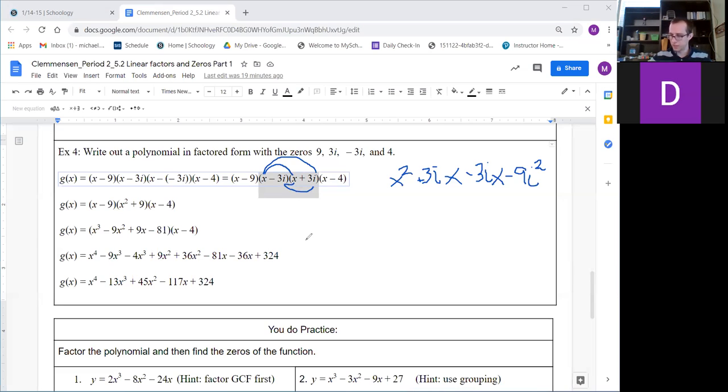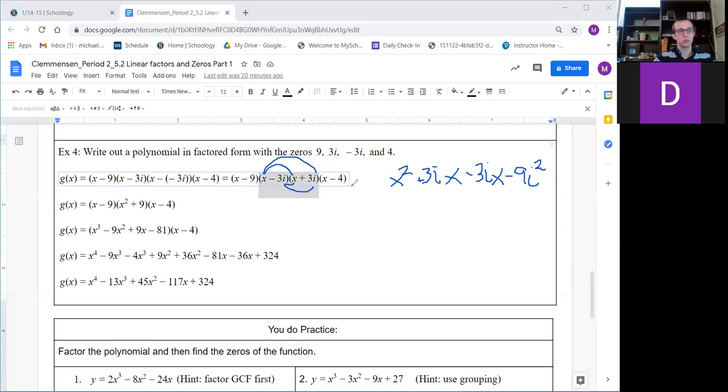Now I got to simplify this. That plus 3 and that minus 3 cancel out. Someone asked a great question. How do you determine which ones to foil? In what order? I know because of experience which ones to foil first.